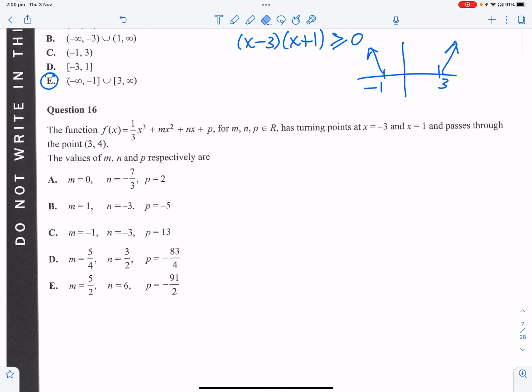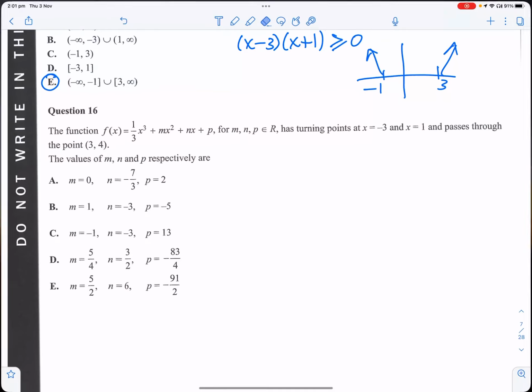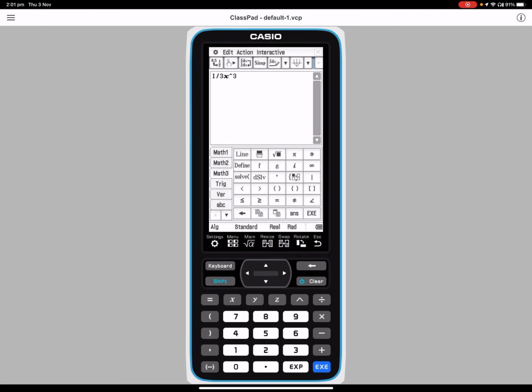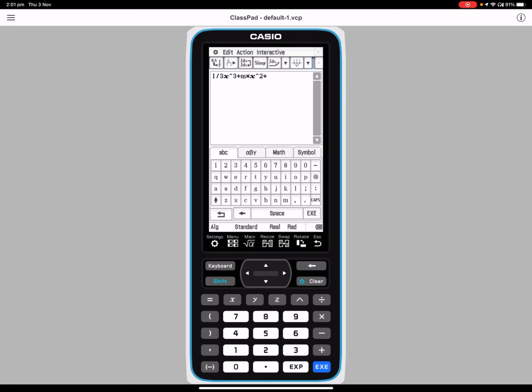Okay, turning points at x, and it passes through the point 3, 4. The values of m, n, and p respectively. Okay, 1 on 3 x cubed plus m times x squared plus nx plus p.